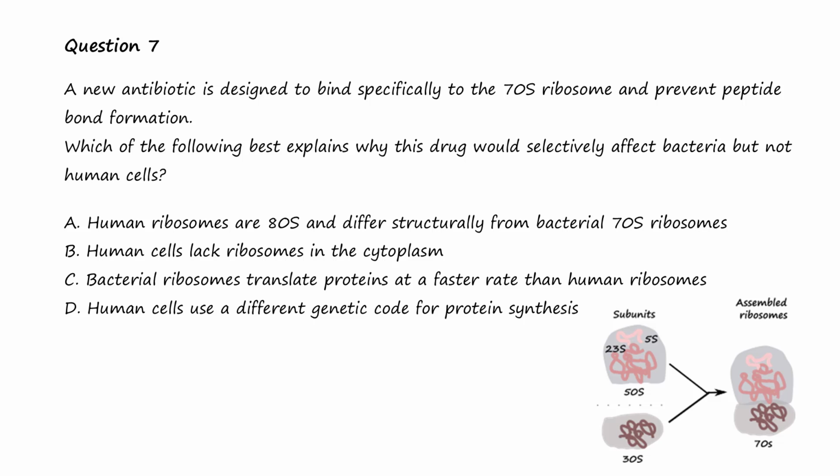A. Human ribosomes are 80S and differ structurally from bacterial 70S ribosomes. B. Human cells lack ribosomes in the cytoplasm. C. Bacterial ribosomes translate proteins at a faster rate than human ribosomes. D. Human cells use a different genetic code for protein synthesis.